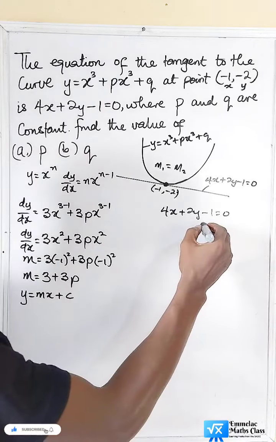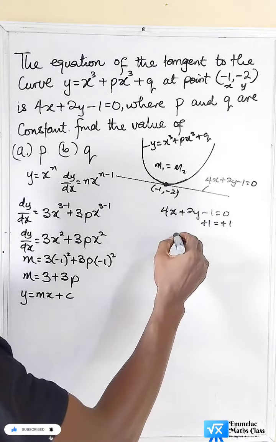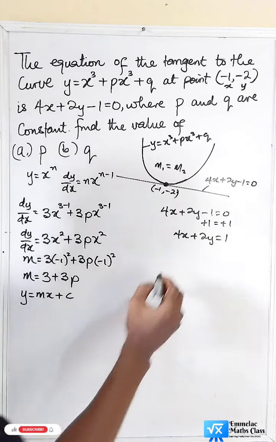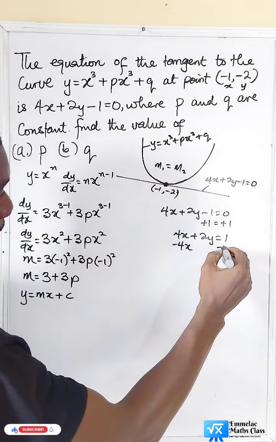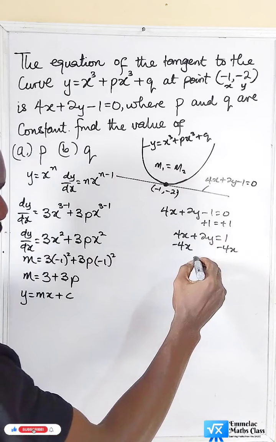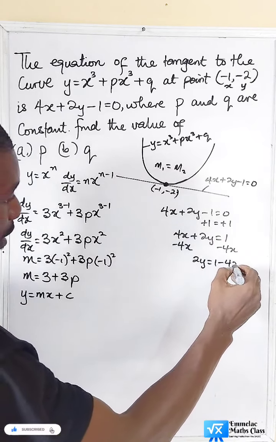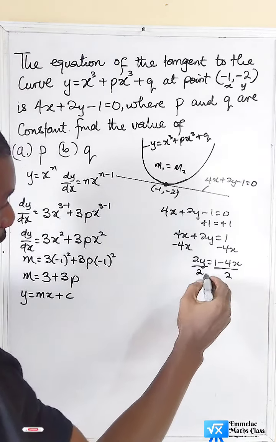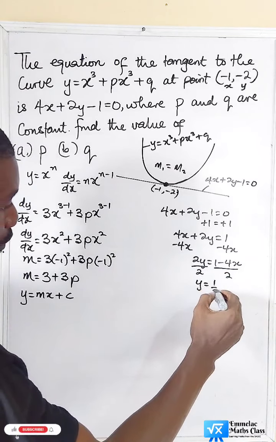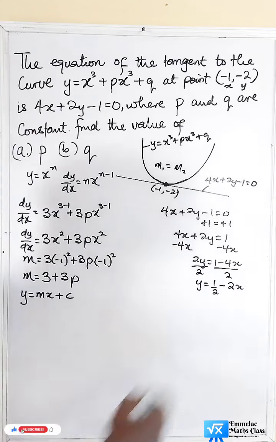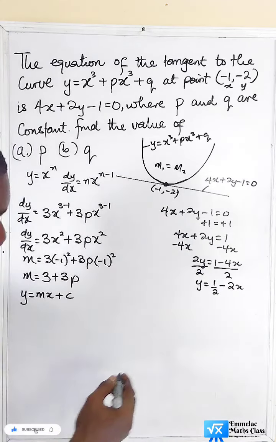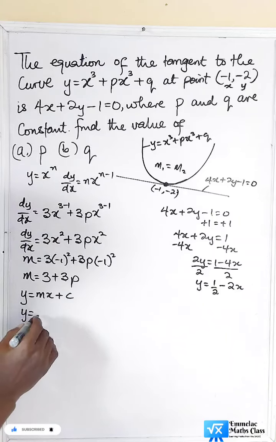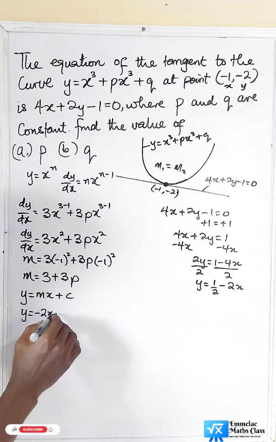Let us add 1 to both sides, so it becomes 4x plus 2y equals 1. Subtracting 4x from both sides, 2y equals 1 minus 4x. Dividing both sides by 2, y equals 1 over 2 minus 2x. We can rearrange this as y equals minus 2x plus 1 over 2.